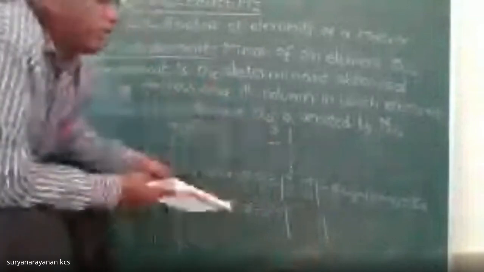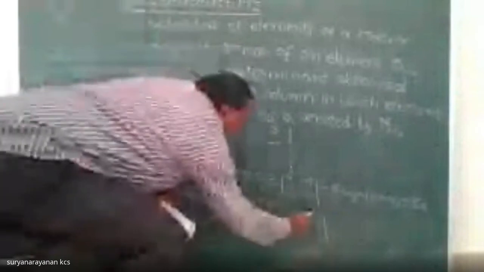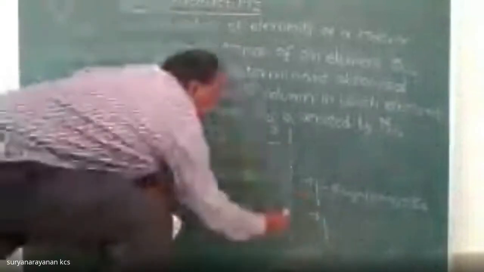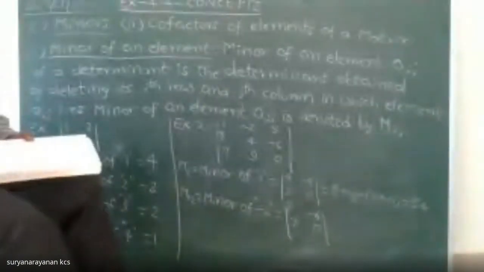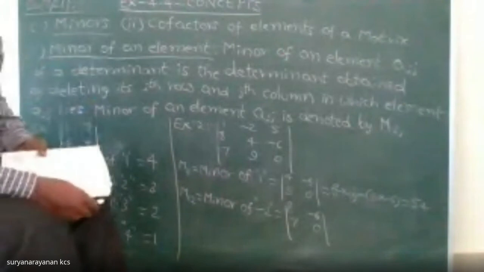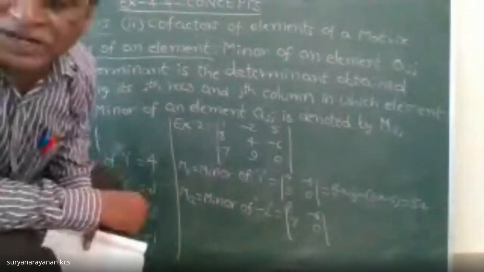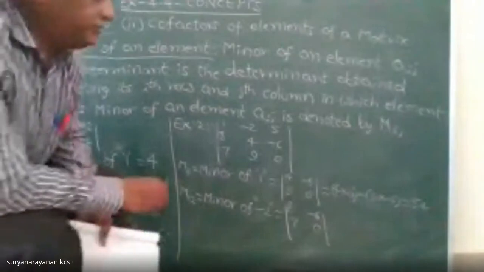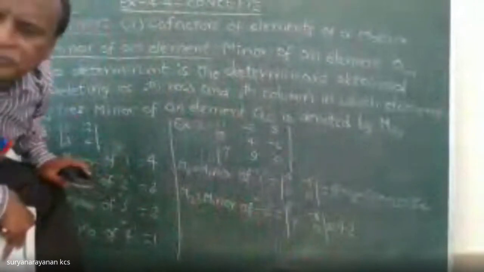Then what will you get here? 8, minus 6, 7, 0. Then find its determinant. Can you find its determinant? 42, sir. 42 is the minor of the element minus 2. Understood this point, my dear children? Yes.